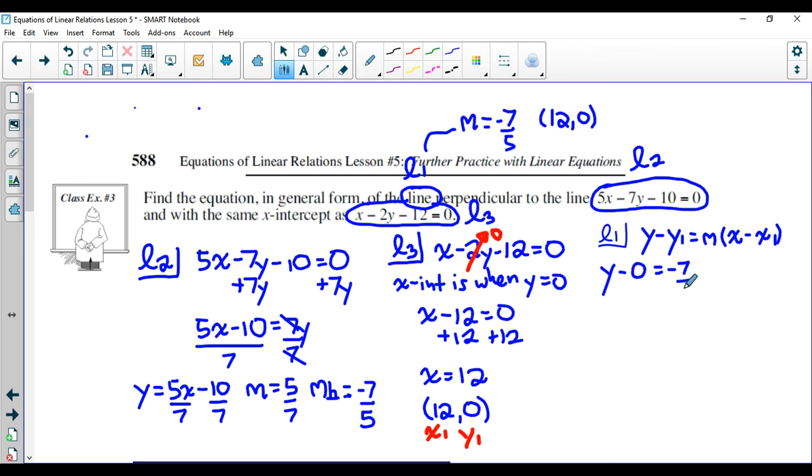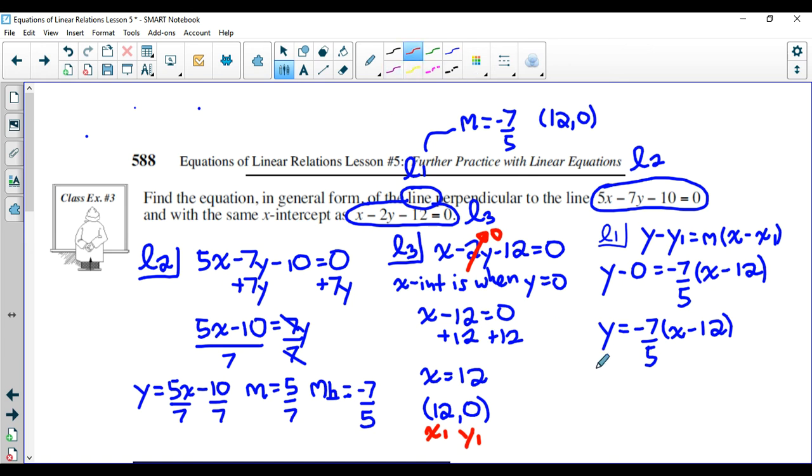So y minus 0 would be equal to, the value of m would be -7 over 5, and then x subtract the value of x1, which is just going to be 12. Let's clean this up a little bit by getting rid of that 0. So it would just be y equal to -7 over 5, and then x minus 12.